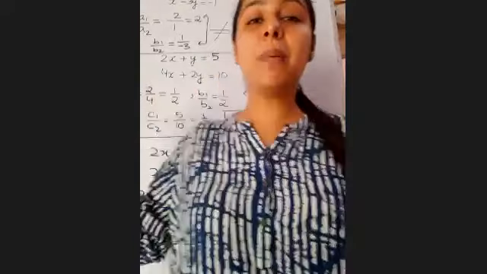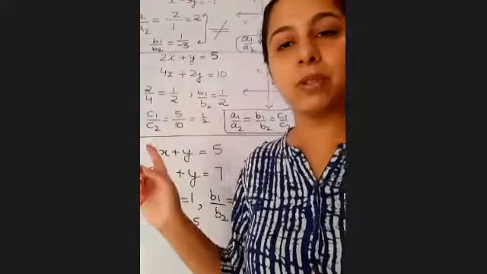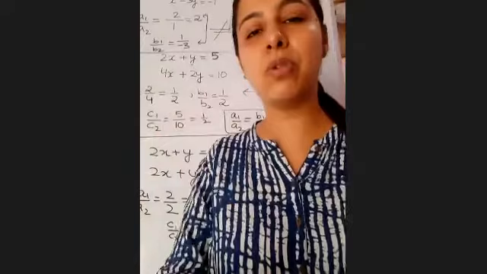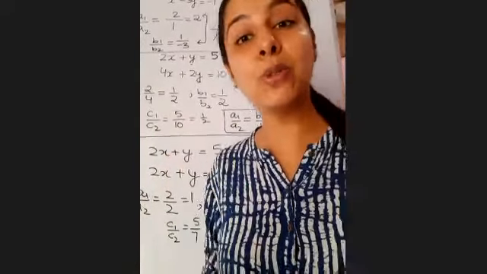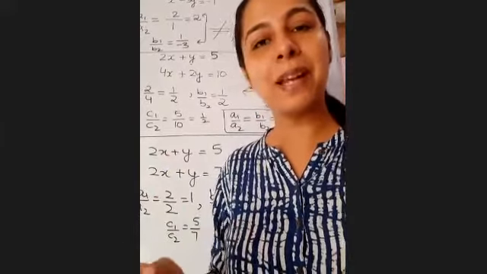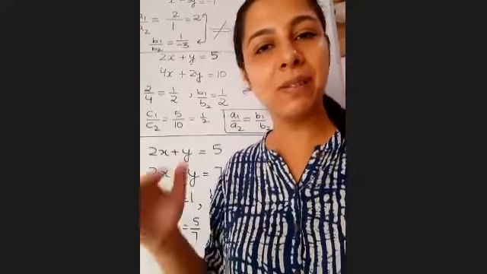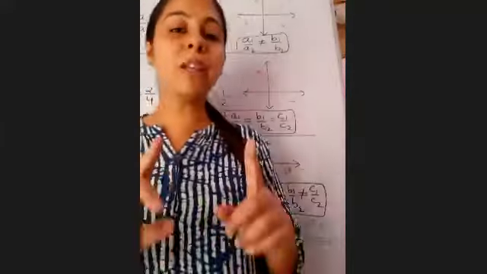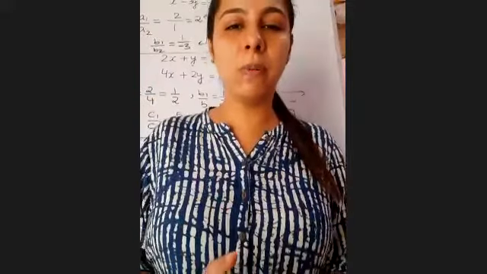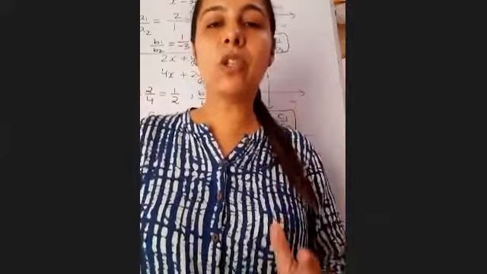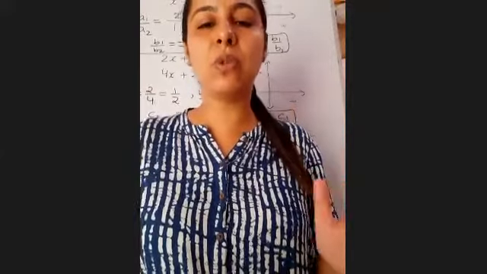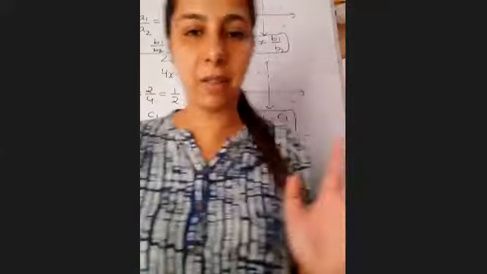So what is the purpose of solving equations? The purpose of solving equations is to get a solution. If we are not getting a solution, everything is going in vain, useless. So those equations which give us a solution are called consistent equations. And those equations which do not give us any solution are called inconsistent.